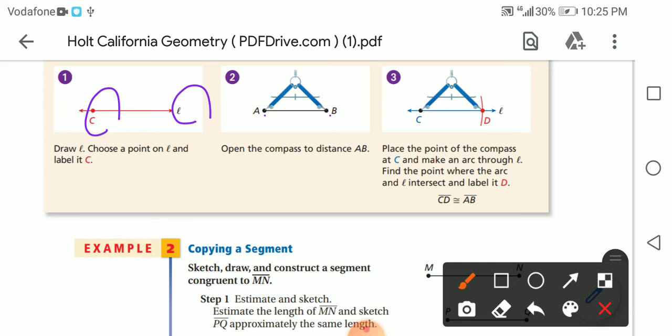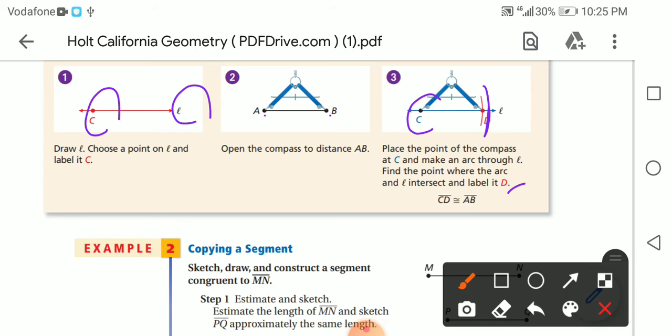Then place the point of the compass at C, the iron one, and make an arc through L, as you see. Find the point where the arc and L intersect and label it D. Then CD is congruent to AB.